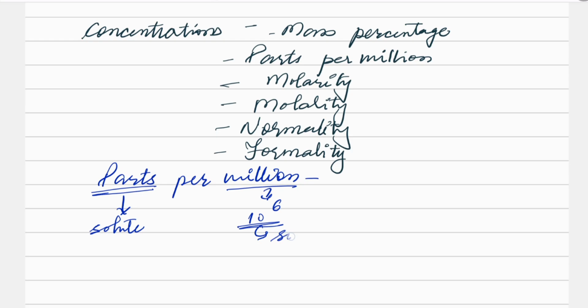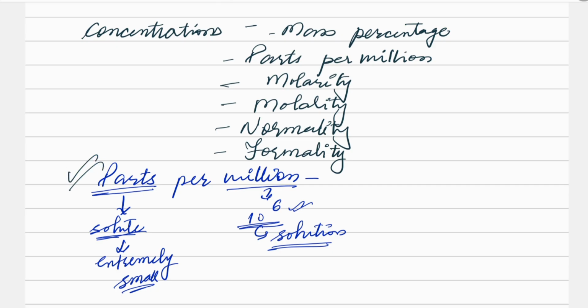This is going to be the solution. This particular solution has a very large amount, and the solute in comparison is going to be extremely small. So when there is an extremely small amount of a particular solute and we have to measure that concentration, then we are going to use parts per million.